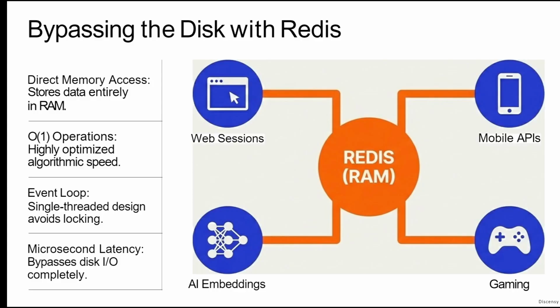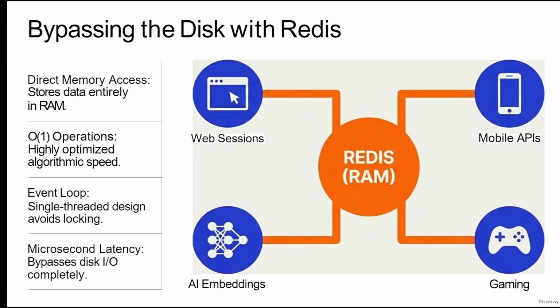Bypassing the disk with Redis. So what is Redis? Redis is a source through which data caching, that is also fetching the data, could be made much easier. Kind of web sessions, AI embeddings, gaming, and mobile APIs.